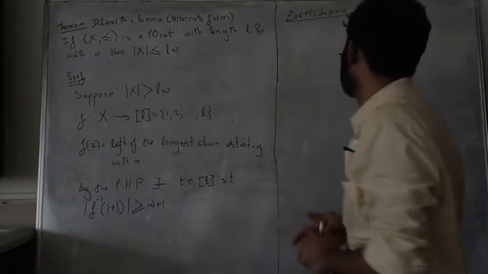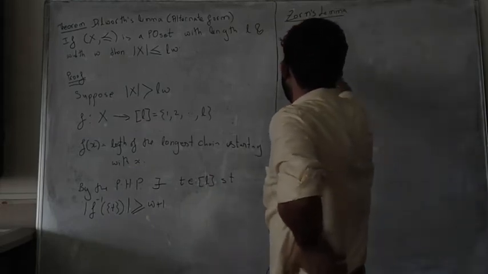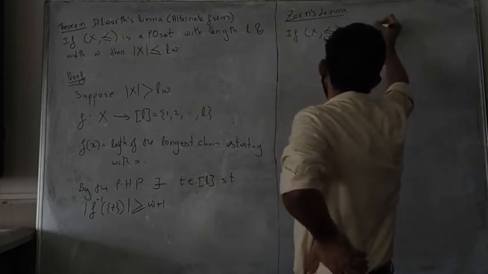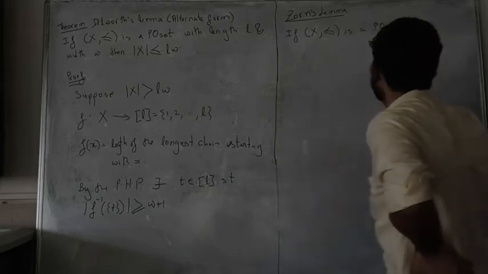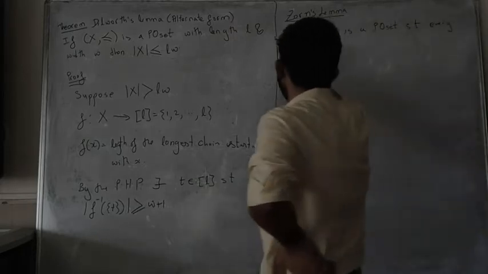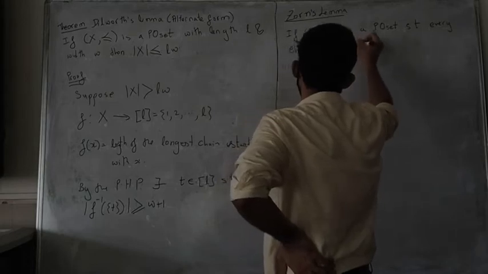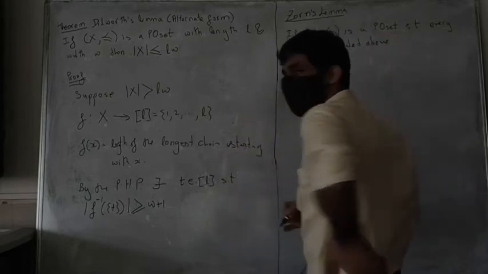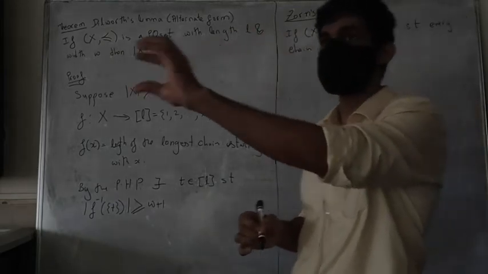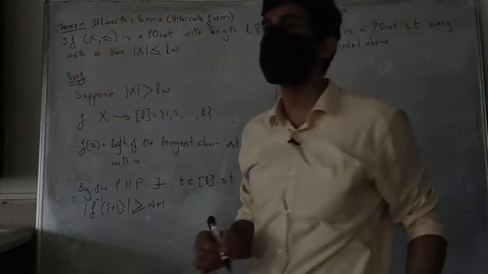So what Zorn's lemma states is that if x with less than or equal to is a partially ordered set such that every chain is bounded above. So what do you mean by bounded above? You can always find some element, given any chain, I can find some element which is greater than all the elements in the chain.